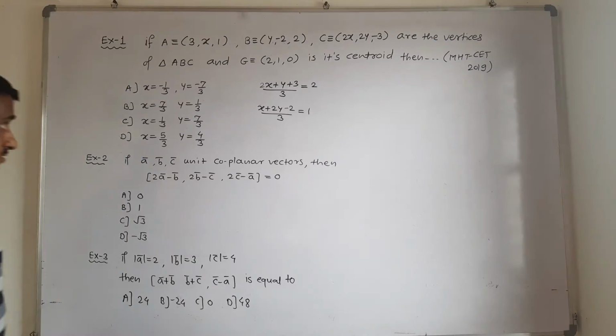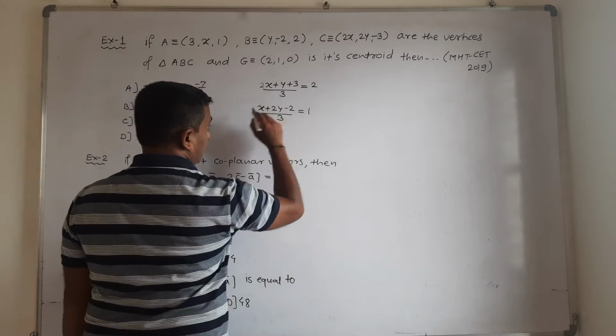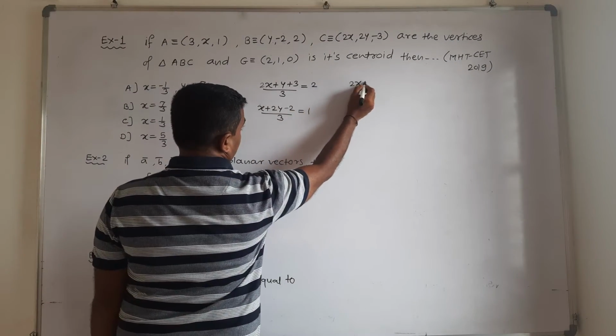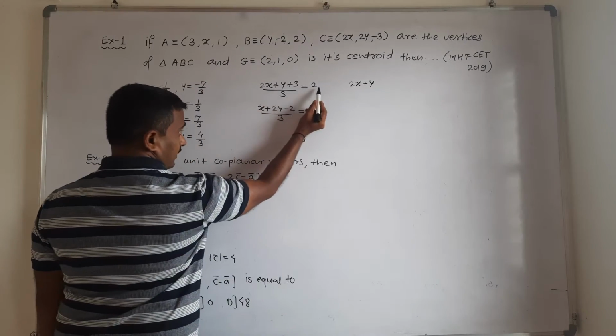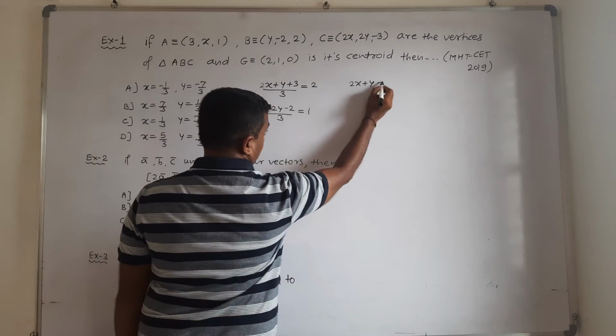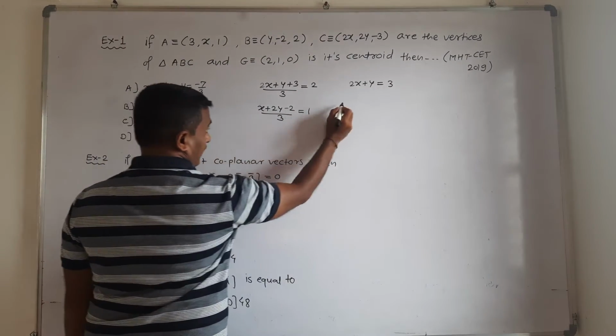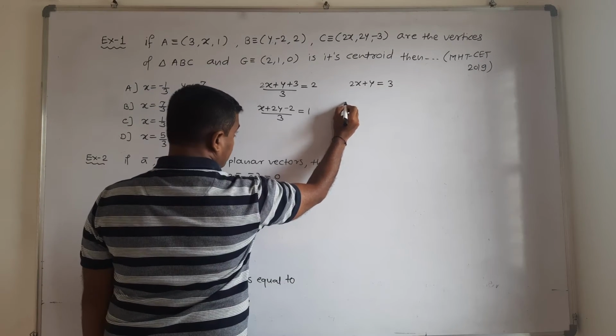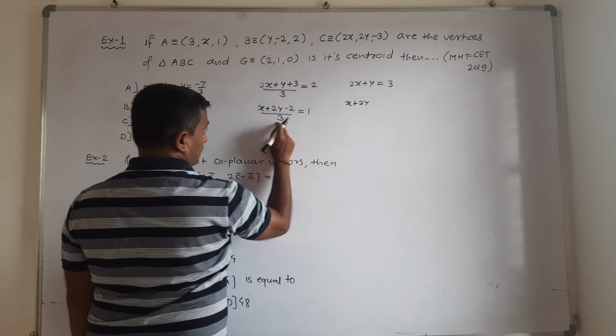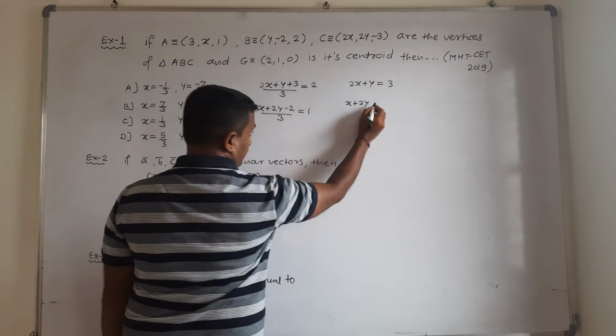Now simplifying this, transferring 3, that is 2x plus y equals 6 minus 3, it is 3. Second: x plus 2y, transferring 3 and minus 2, it is 5.